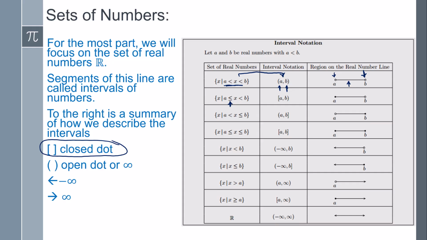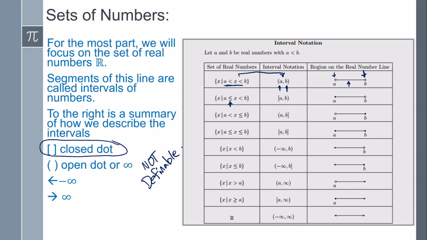Now if it was an open circle, we are going to use parentheses, and the same goes for infinity. And infinity just means it goes on forever either in the negative direction or goes on forever in the positive direction. Now another way of thinking about parentheses is parentheses essentially means like not definable. So we can't define it. We don't know what it actually is.